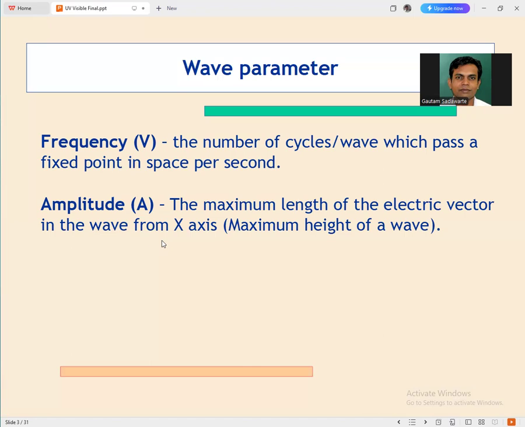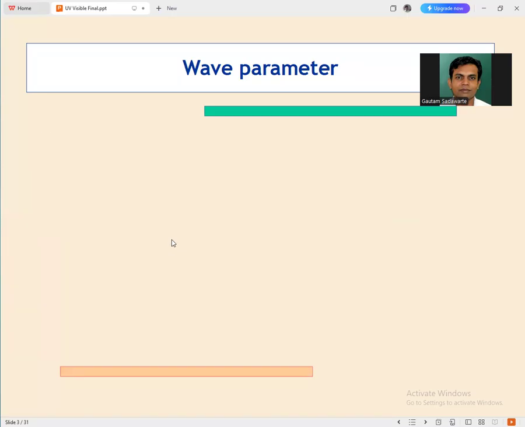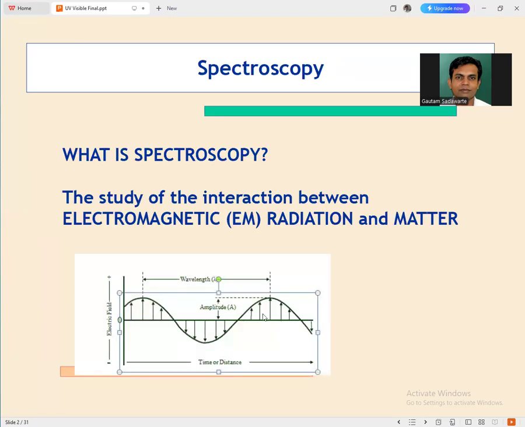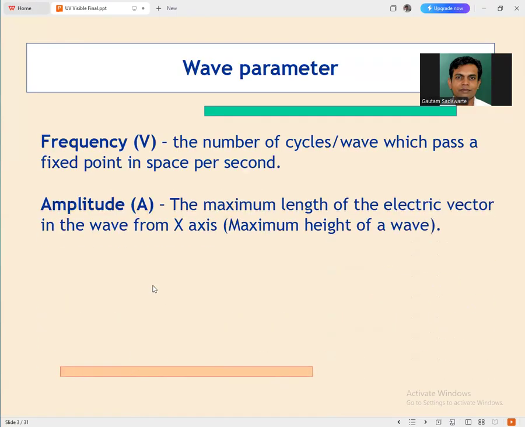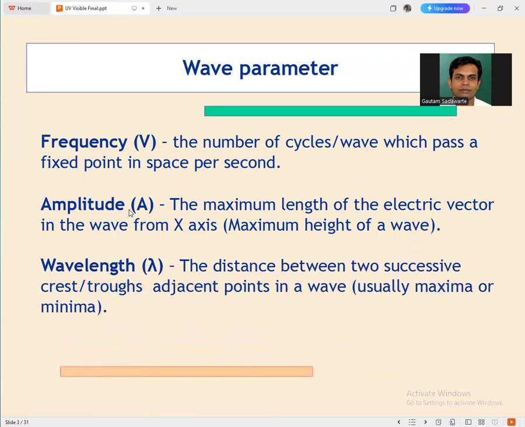It is the maximum length of the electric vector in the form of a wave from the x-axis. That is the maximum height of the wave. See, this is a wave and this one is the maximum height. That is nothing but amplitude, and amplitude is denoted by A.